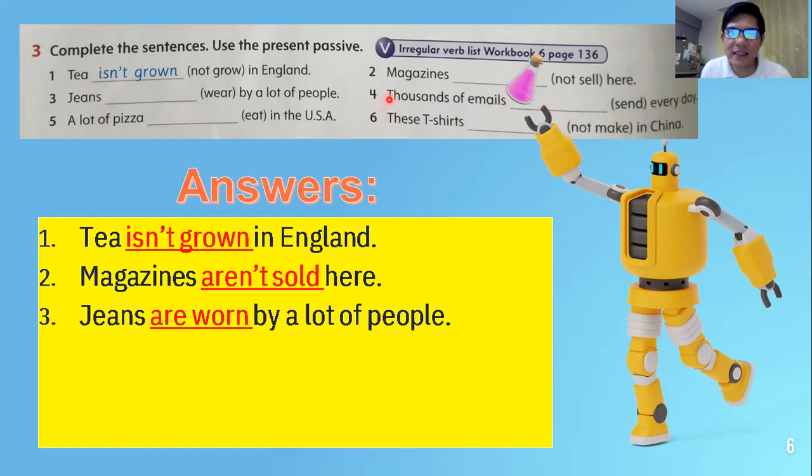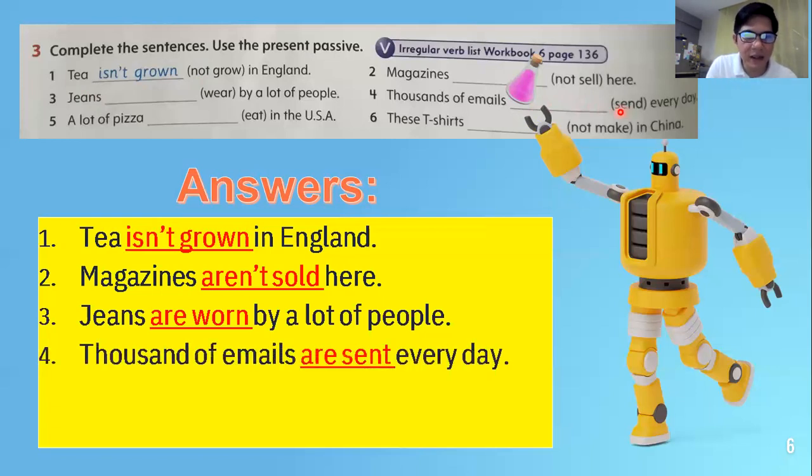And then our subject, thousands of emails, is plural, so are. And the verb 3 of the word send. Therefore, your answer must be: thousands of emails are sent every day.